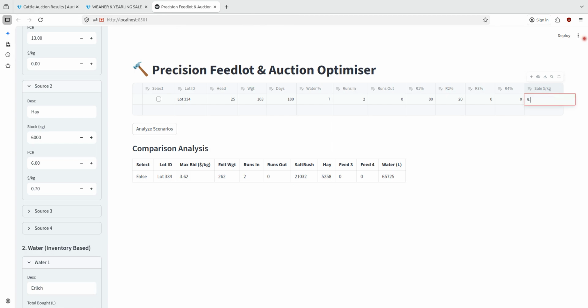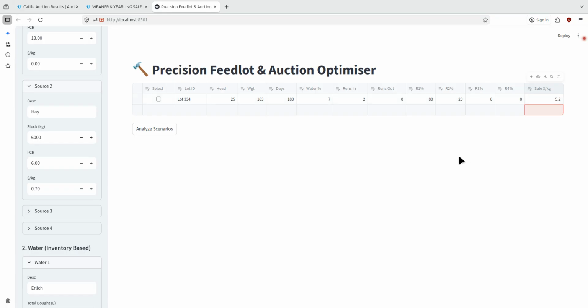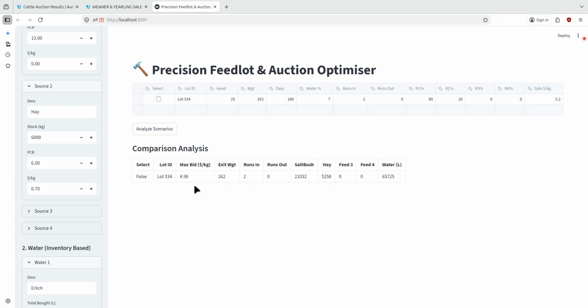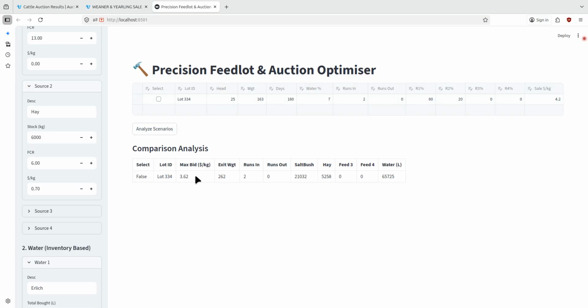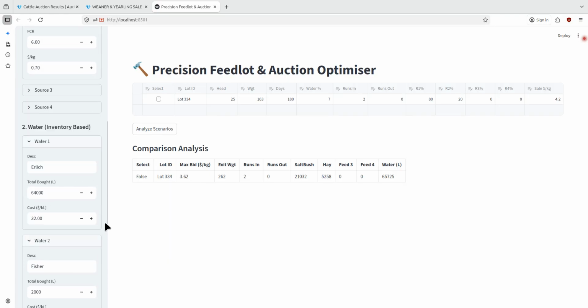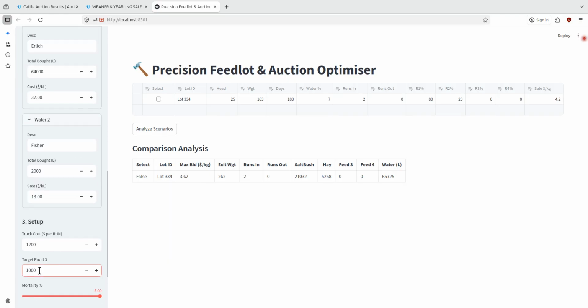If it went to $5.20, then that would obviously give us more buying power at $5 to buy at now. But let's not be silly, and we'll just try to be safe and go, right, that's our maximum bid price. So if I bid over that, I'm going to start cutting into my $1,000 target profit here.